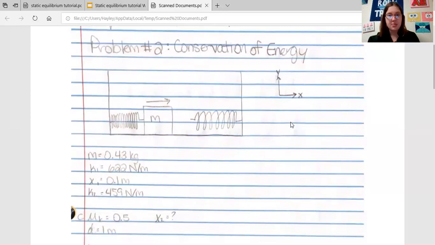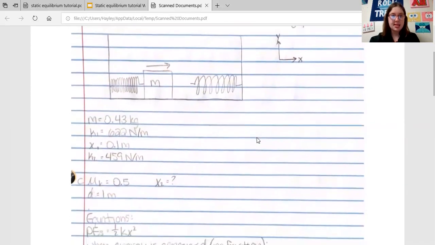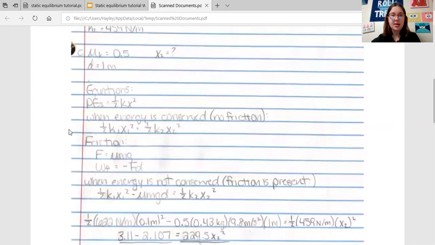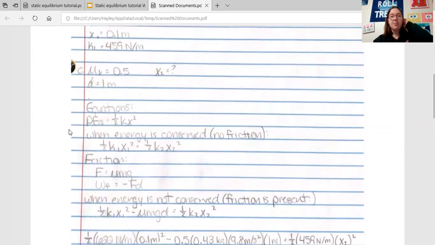Here are our positive x and y directions defined. Right is positive and up is positive. And then part C, remember that this has friction, so the coefficient of kinetic friction is 0.5. The distance between the two springs is 1 meter, and we will be solving for the distance that the second spring is getting compressed.